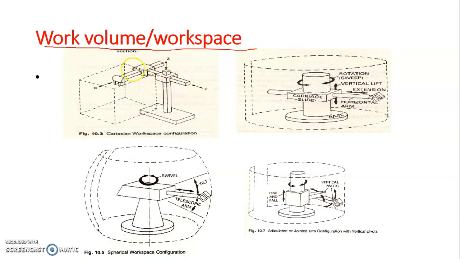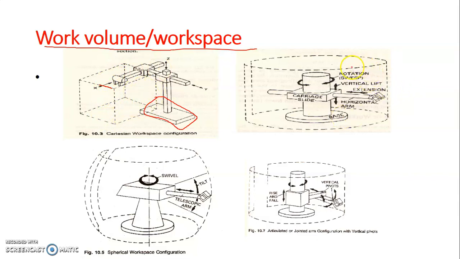For example, you keep the robot in a particular place, and up to what maximum length the robot can reach. We can see it can move up to this point maximum. Whatever the dotted lines, we can see the box. This is the maximum volume or workspace the robot can cover in a particular place. That is called the work volume or workspace.